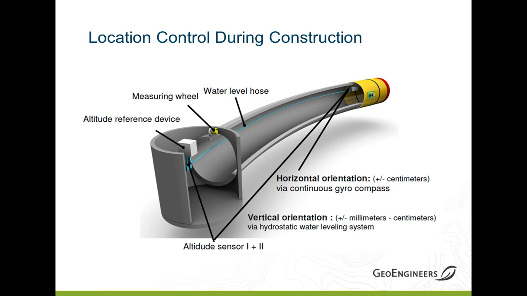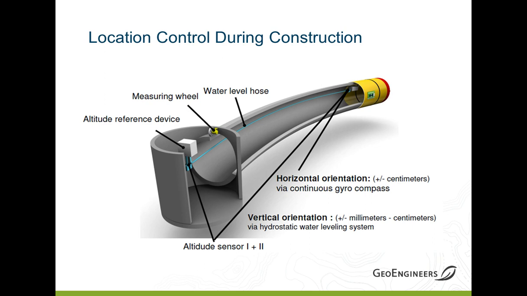There's the water level hose that's connected to a manometer that measures your elevation. There's a measuring wheel, and that actually just measures the amount of pipe in the ground as it's pushed into the ground. And then the gyroscopic compass in the machine gives you your left and right values from center line.